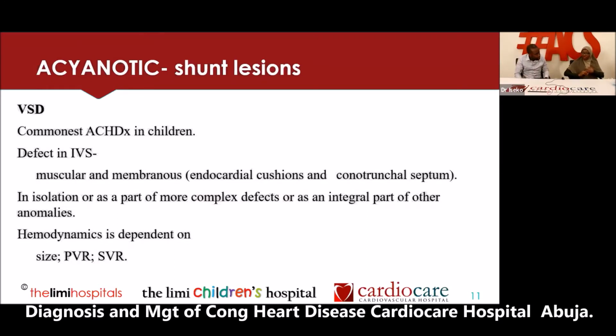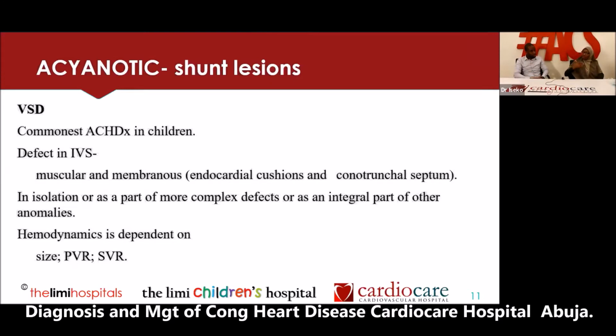But in addition to the size, the balance of the pressures, the pulmonary vascular resistance and the systemic vascular resistance, is another thing that would determine when this child would present, when this child would begin to have symptoms. Typically, VSDs would not present in the first 6 weeks of life, and that's because the pulmonary pressures are still high, and so the pulmonary resistance is high.